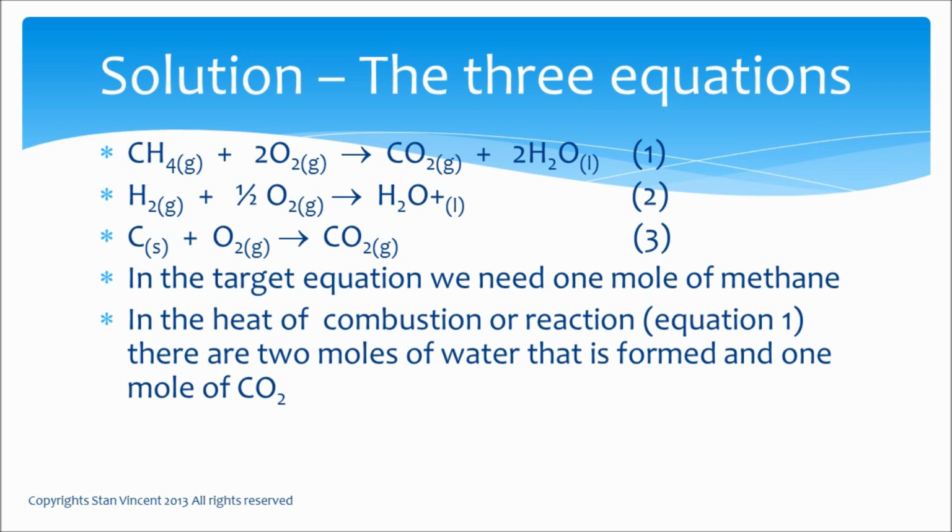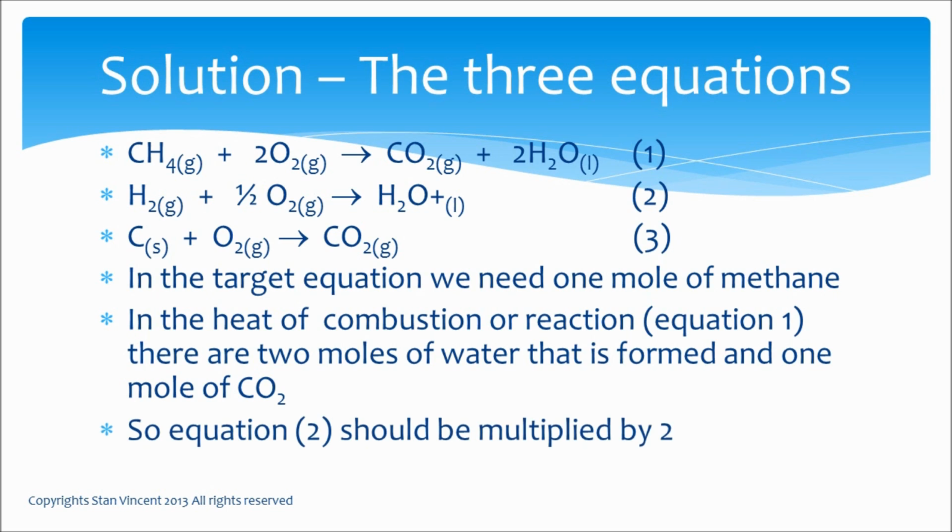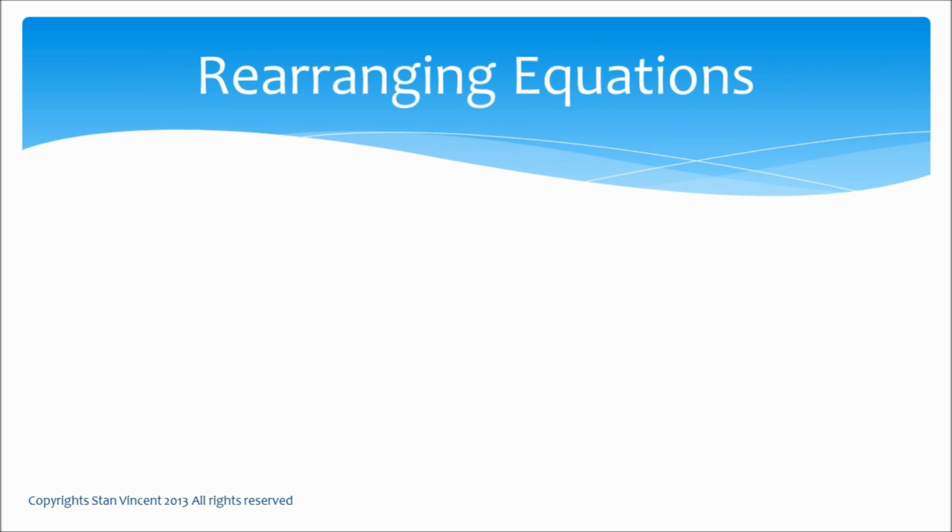In order to obtain the energy released due to the formation of 2 moles of water, we will have to multiply equation 2 by 2 so that it produces 2 moles of water, and the energy released will double. We are going to rearrange the equation so that we can obtain the required equation.